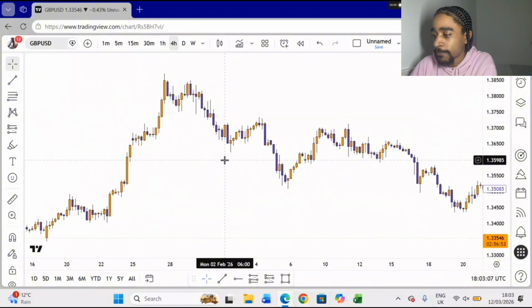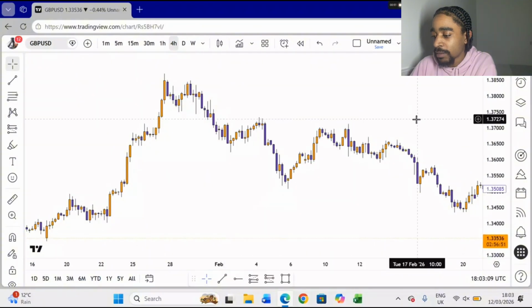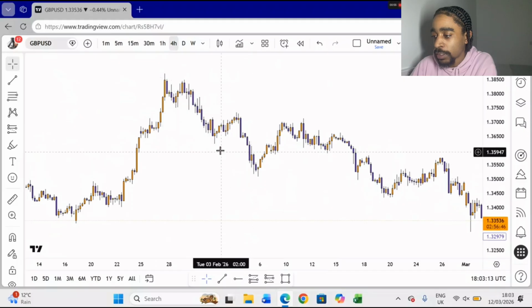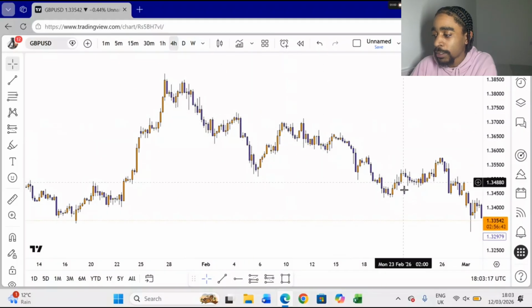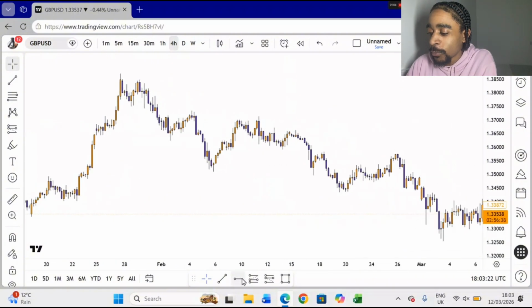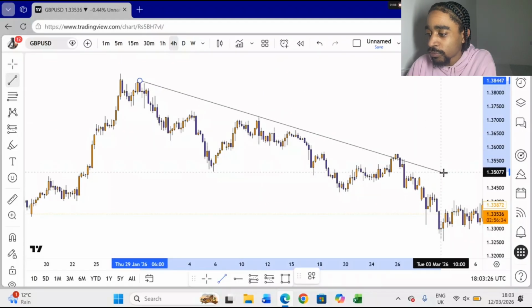Okay, so I'm on the 4-hour time frame and I can see there's a high up here and we've got a low low, low high, low low, low high, low low, low high. So what a trader would do is they will grab their trend line tool and just mark these up.